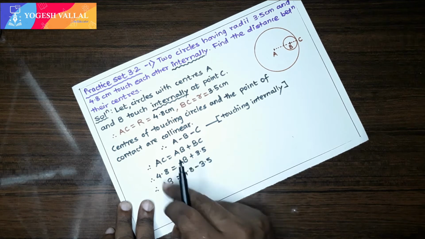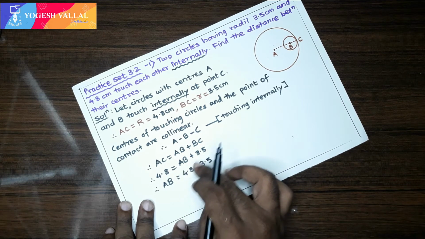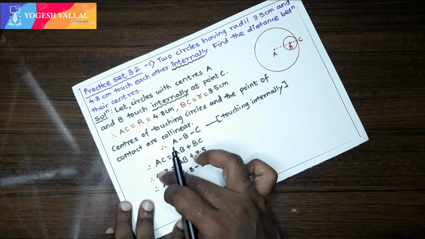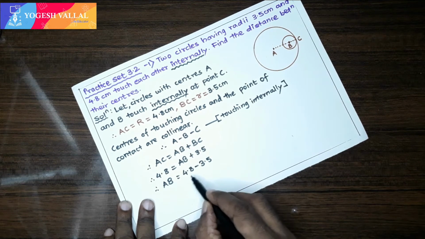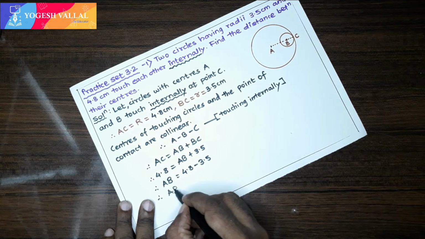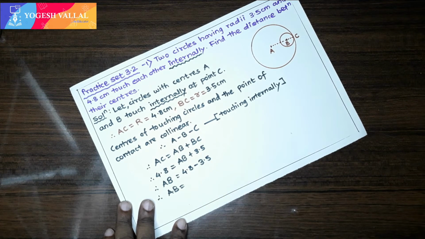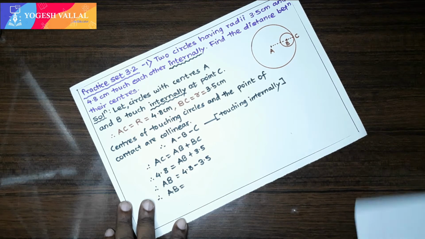Many students make a mistake here and write 3.5 minus 4.8. Just remember that we have shifted 3.5 to the LHS, so it will become 4.8 minus 3.5. Don't make silly mistakes. Just write 4.8 and 3.5 below each other.